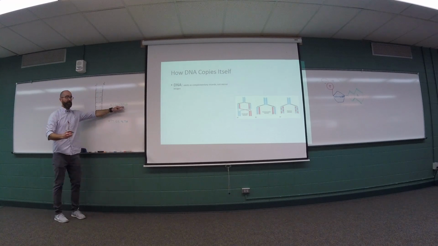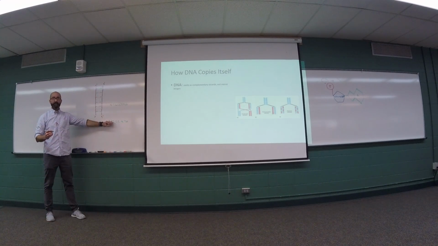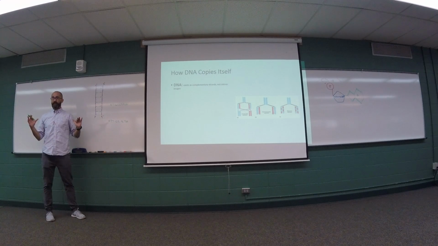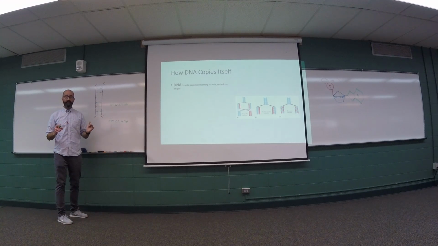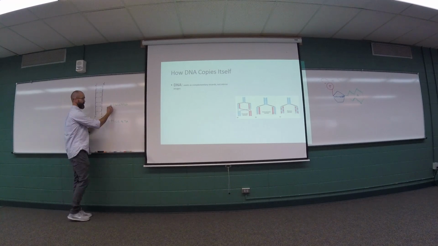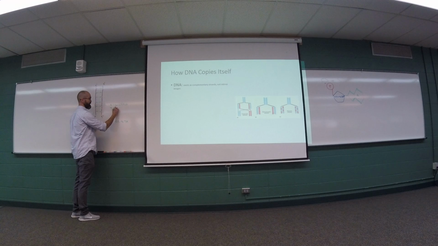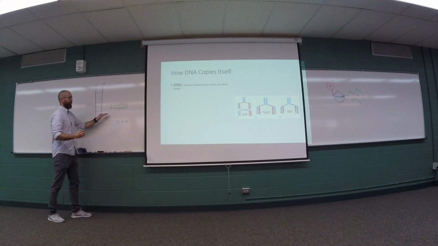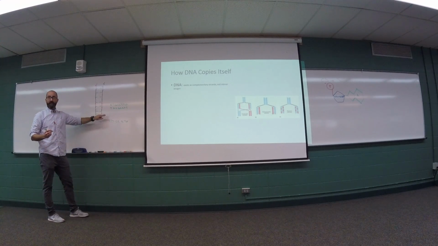It would just be this sequence backwards. But that's not how DNA works. It exists as a complementary strand. And so instead of a mirror image, it's a complementary strand, which means that this is going to be T, A, G, C, G, G, A, T. That sequence and that sequence are very, very different.